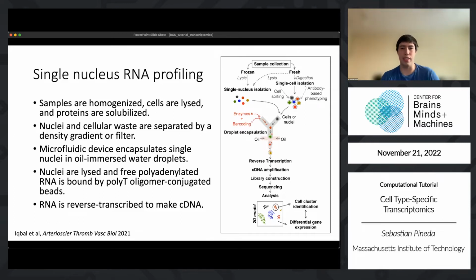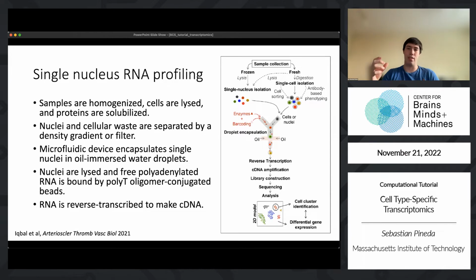They're flowed in these devices that are basically a channel filled with oil, and you flow little water droplets through one channel, the nuclei through another one. The nuclei enter the water droplets, and inside the water droplets, there's also a bead that has a bunch of poly-T oligos. And so once the nucleus is lysed, all the polyadenylated transcripts bind to the bead, and then you can do the whole reverse transcription and cDNA generation.